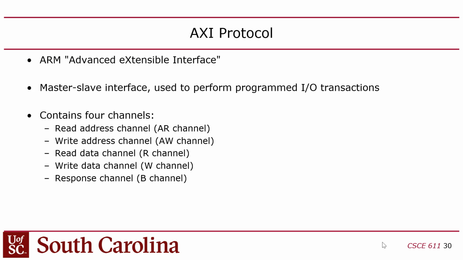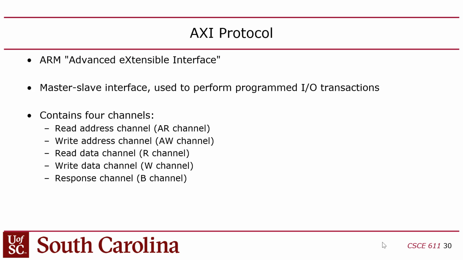Likewise, if I want to write, I put an address out on the write address channel, right? And then, of course, the slave uses the read data channel to send the read response back. The write data channel is used to send the write data to the slave.